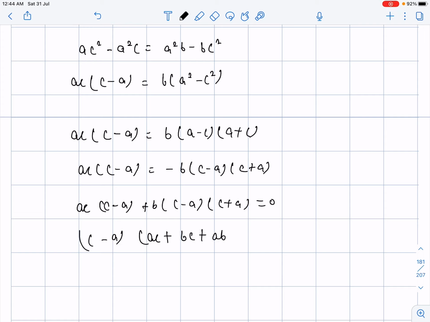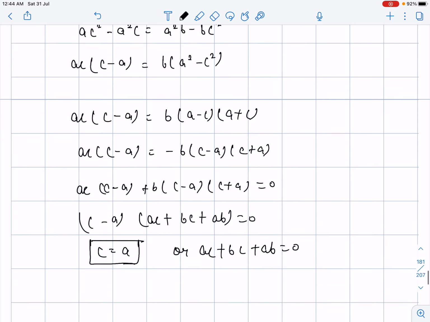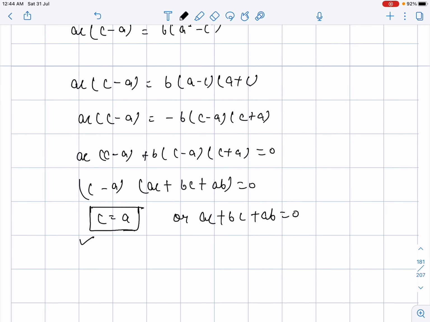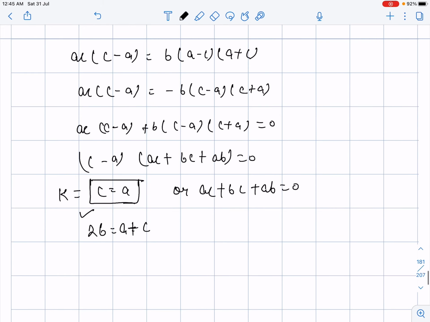That means either c is equal to a, or ac plus bc plus ab is equal to 0. Now guys, as c is equal to a, we know 2b is equal to a plus c, and let us suppose both of them are k. So 2b will become 2k, so b will also become k. That means a will be equal to b will be equal to c. Hope you guys would have got my point.